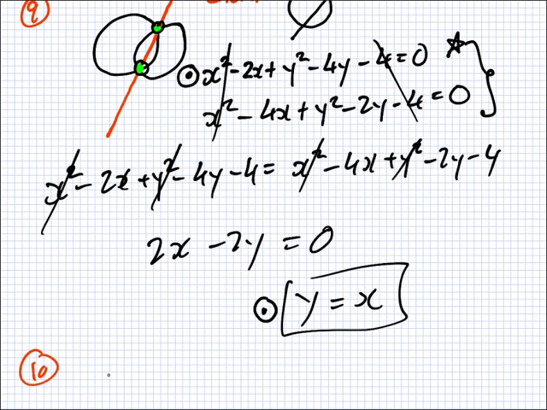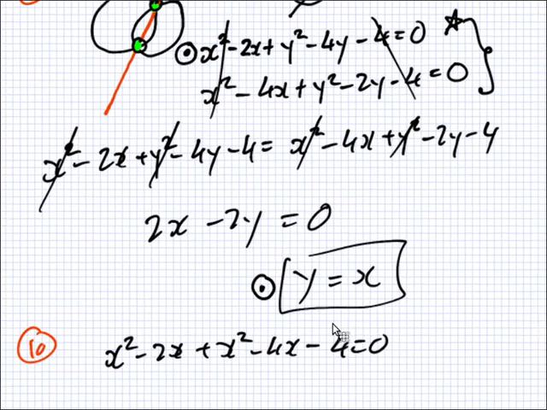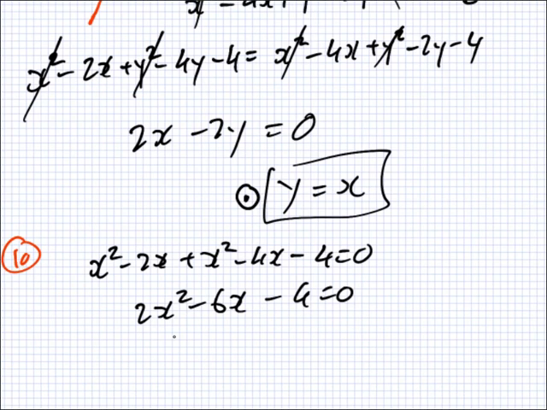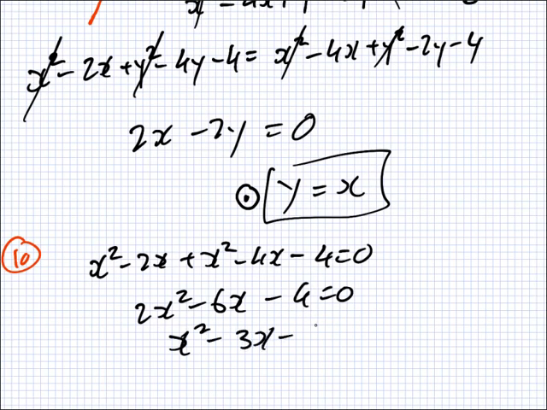So we get x squared minus 2x plus x squared minus 4x minus 4 equals 0. That's 2x squared minus 6x minus 4 equals 0. Now that's x squared minus 3x minus 2.